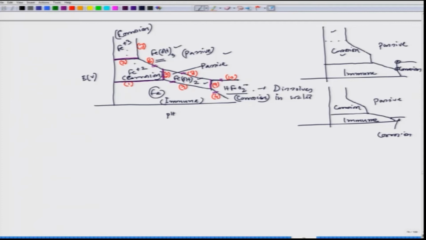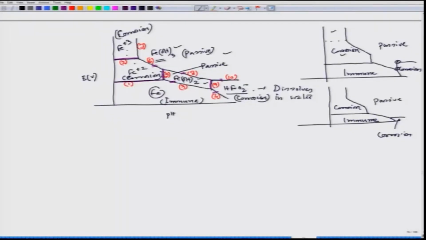So, this is about the Pourbaix diagram for iron, a schematic drawing. Then for aluminium, we have also given the reactions as well as chemical potential data. In case of iron, we have just given reactions; chemical potential will be provided to you.